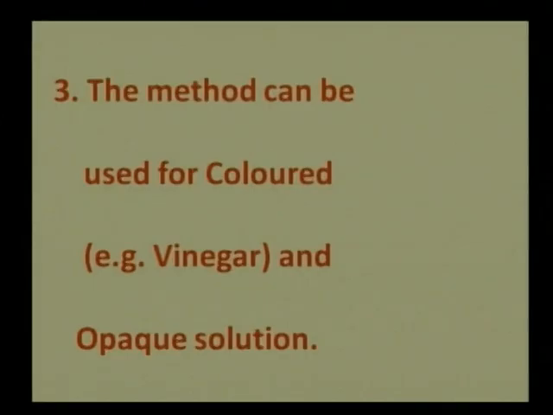Now the next point is that the method can be used for colored and opaque solutions. We see in the laboratory that if a colored solution is there, we cannot judge the titration easily. Take vinegar, that is acetic acid, which is a weak acid. When we titrate a weak acid with a strong base or a weak acid with a weak base, no particular indicator is available, because each and every indicator has its own pH value where the color changes.